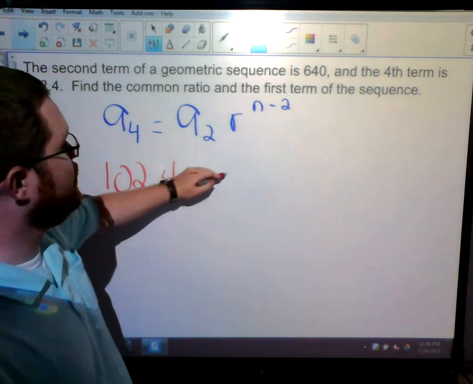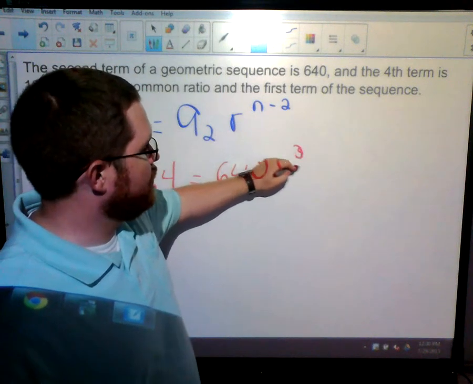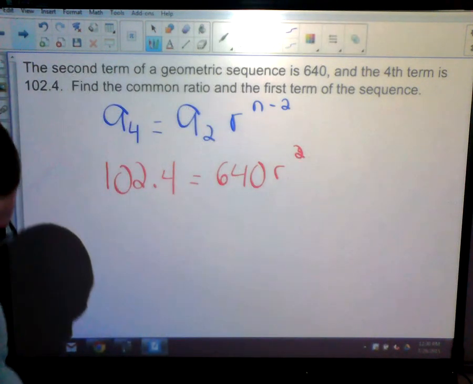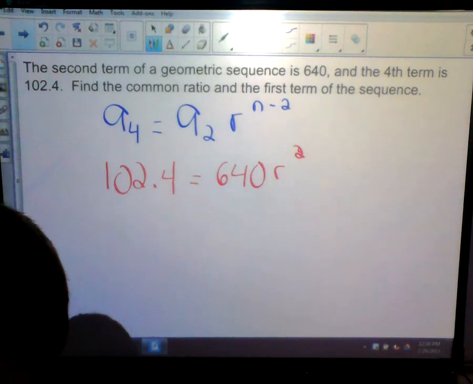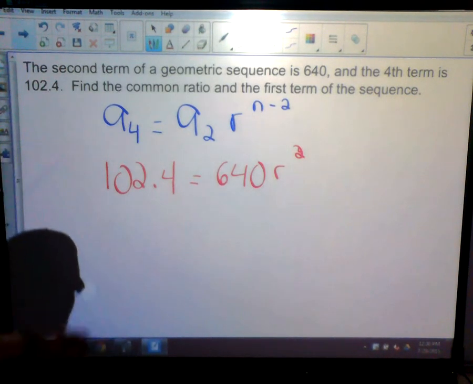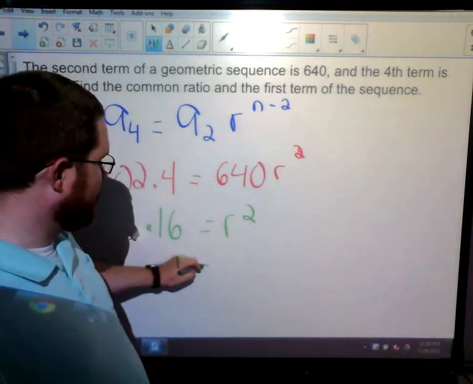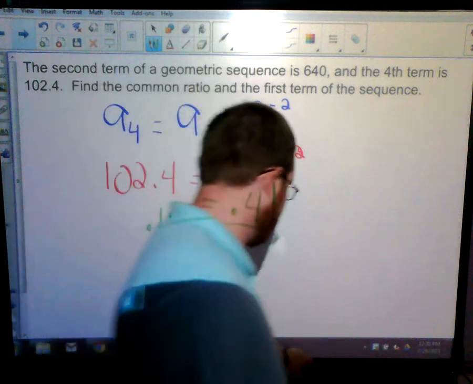A sub 2 is 640. R to the 4 minus 2 is 2. So this is 102.4 divided by 640. Math enter. That's 0.16 equals r squared. So r must equal 0.4. So I found the r value.